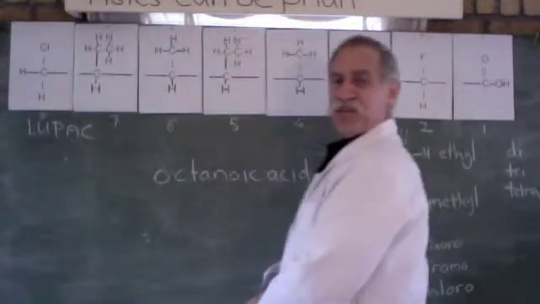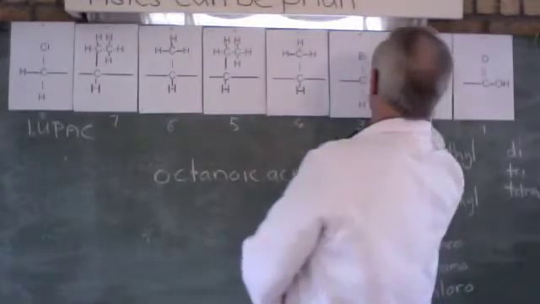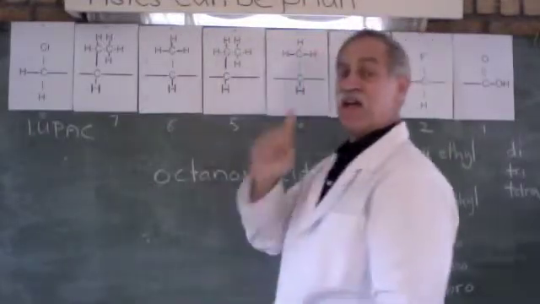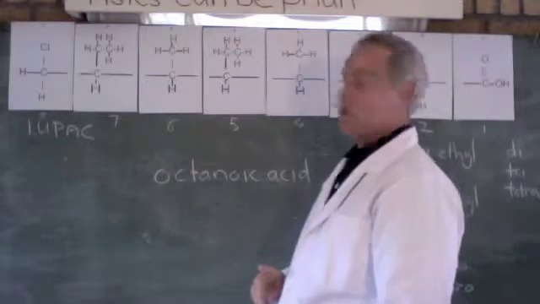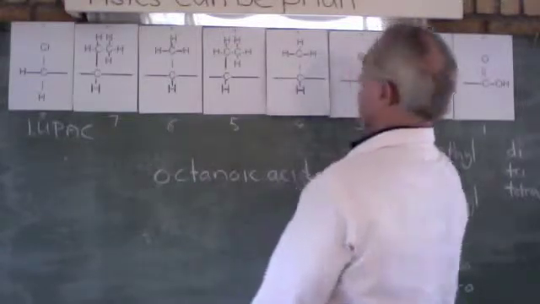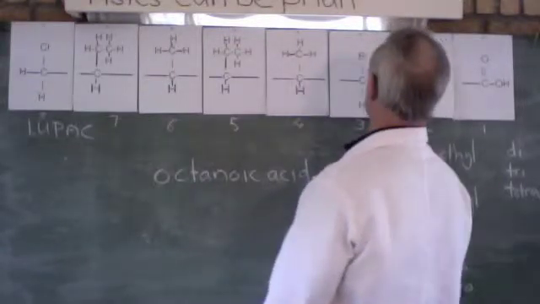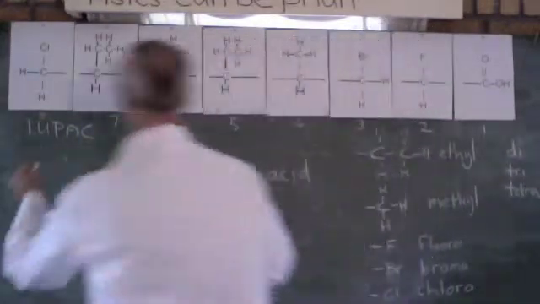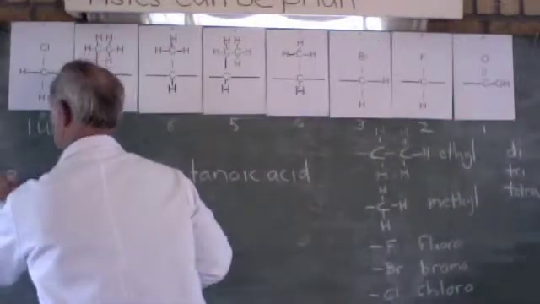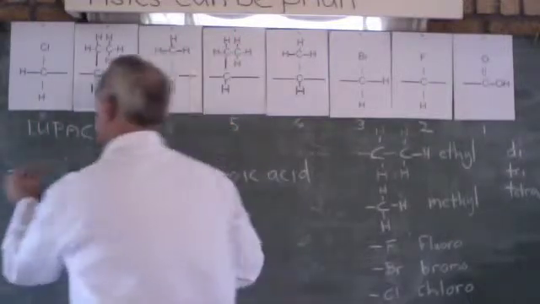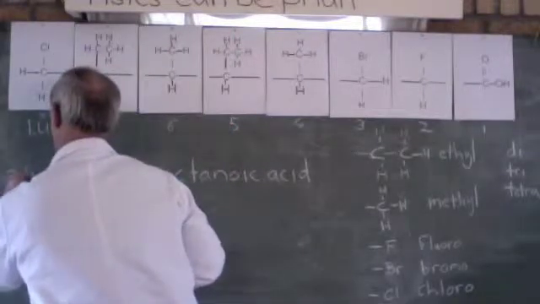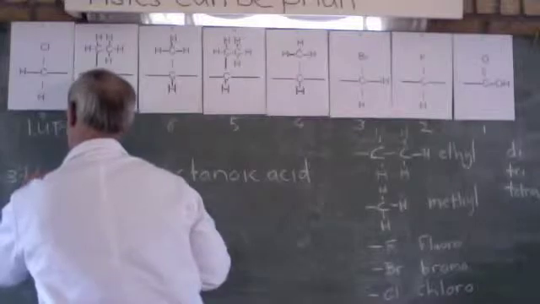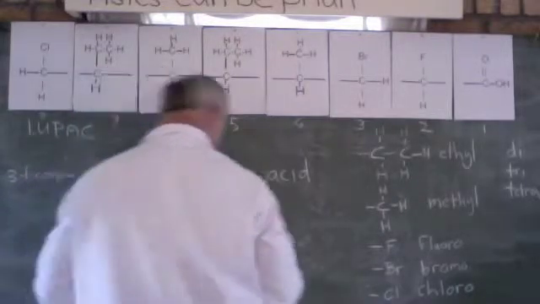And also something we've got to keep in mind is that all these things are going to be named in alphabetical order. So of them all, bromine is the lowest in the alphabet. So we're going to count 1, 2, 3, bromo. 3-bromo-.